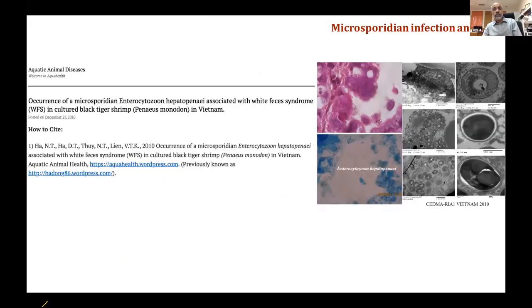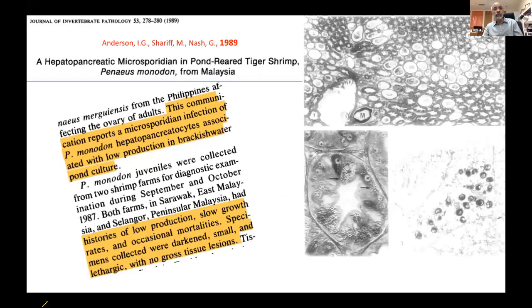This is what I mean. You can see here in Vietnam, they have reported microsporidium before. And this is one of the key research papers: in 1989, researchers reported from Malaysia that microsporidium is associated with Penaeus monodon. And they reported almost all the pathology which is reported now. I'll show you some of the pathology associated with that. And this was reported way back in 1989, and we overlooked that.